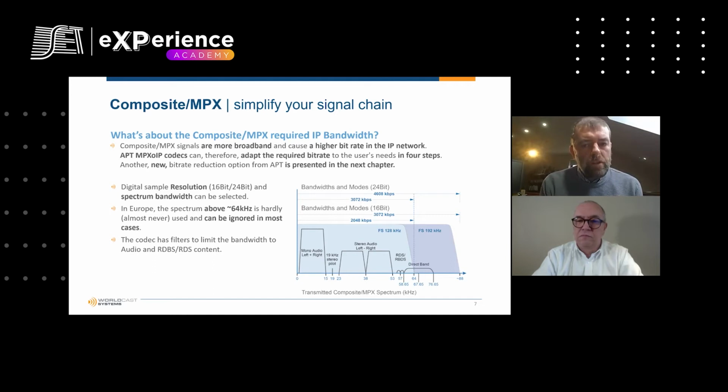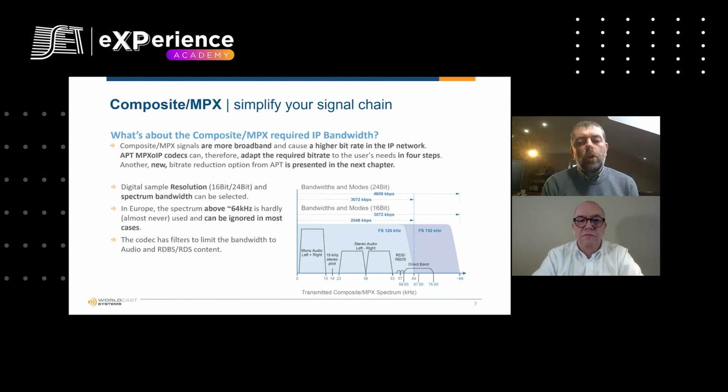So with composite MPX, traditionally it's 24-bit or 16-bit. If you encode the entire MPX spectrum using a 24-bit word resolution, we're talking about 4.6 megabits, so it's quite heavy. If we go down to 16 bits, we're talking about 3 megabits.